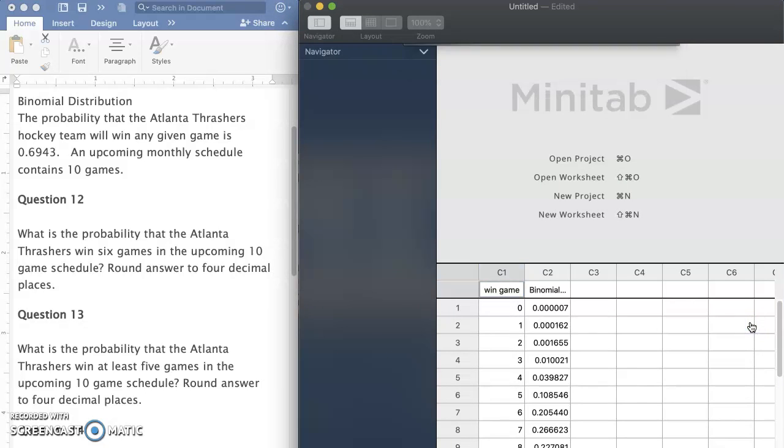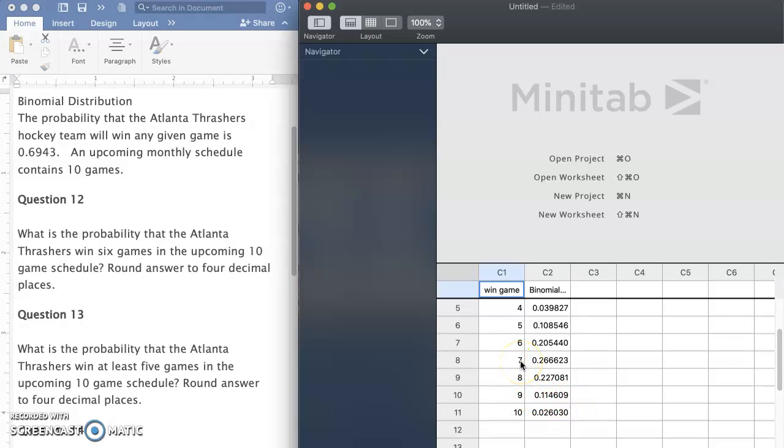And click OK. And then what it did was it gives you the probability of 0 wins. And the probability is very small that they'll have 0 wins. It's 0.00007. Okay, and then if you look at the probability that they'll win 2 games is about 0.026, which is about 2.6% if you were to move that decimal.